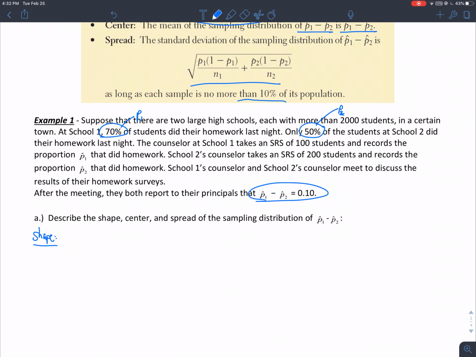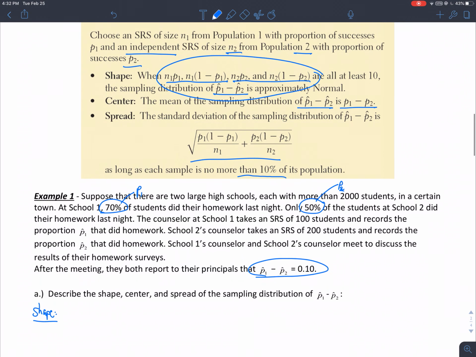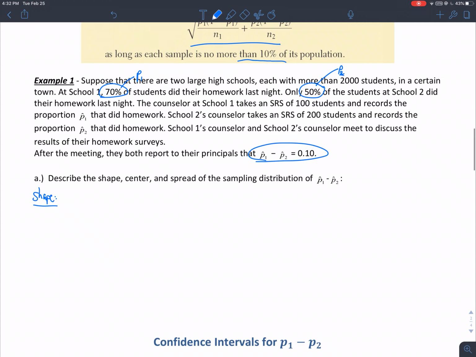So for the shape, we can check the first distribution by doing N1 P1 greater than or equal to 10 and N1 times (1 minus P1) greater than or equal to 10. And we just do the calculation. My sample size for the first school was 100, so this is my N1, this is my N2.